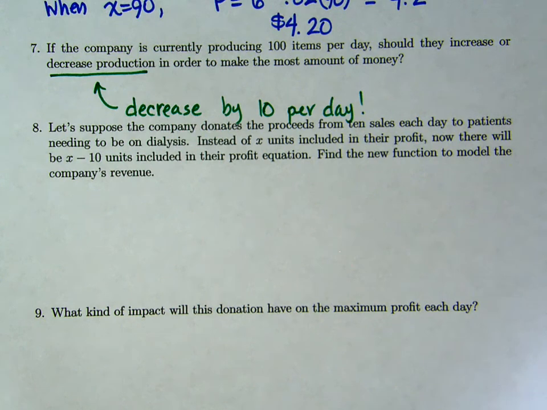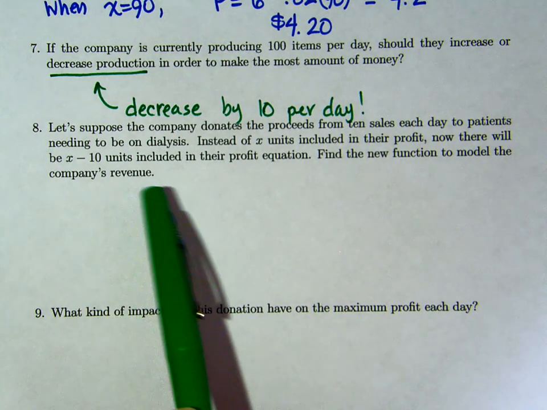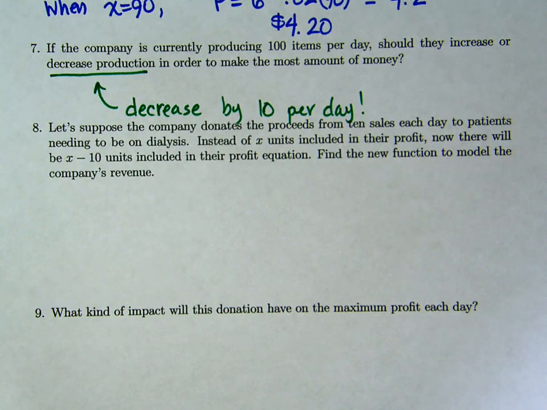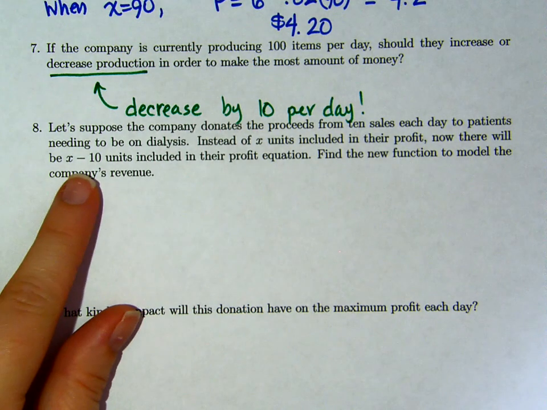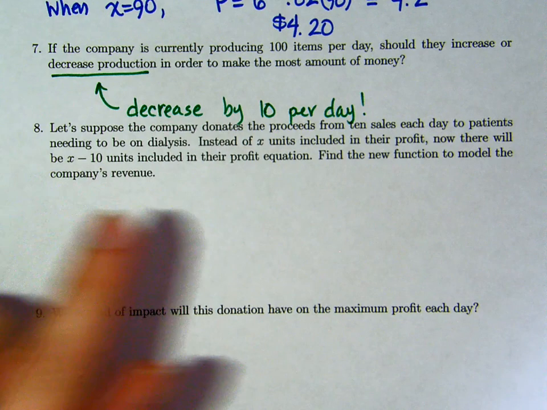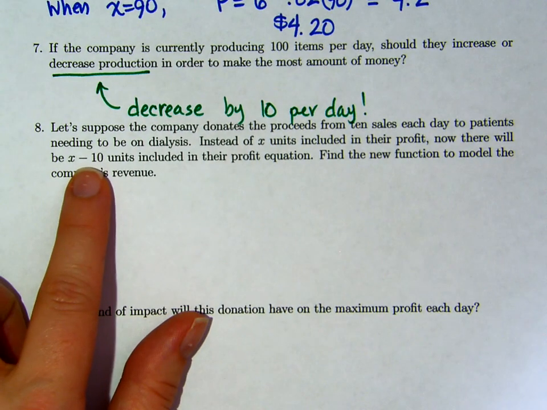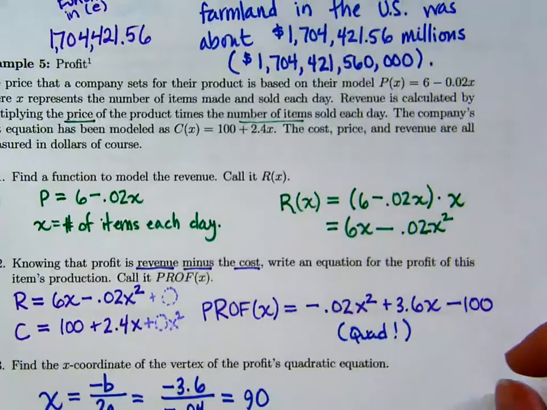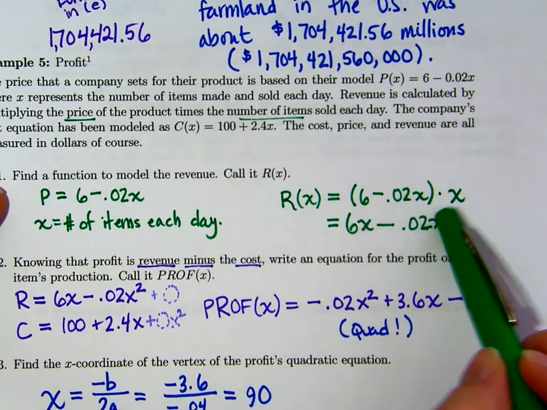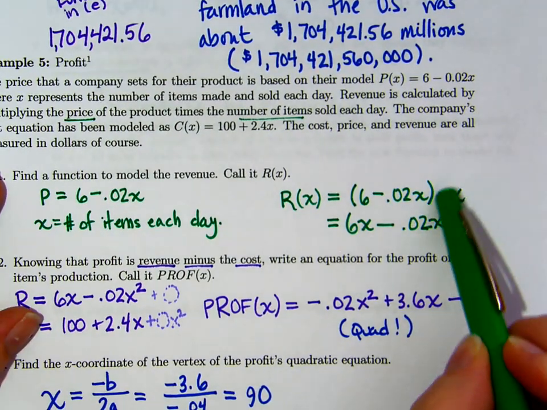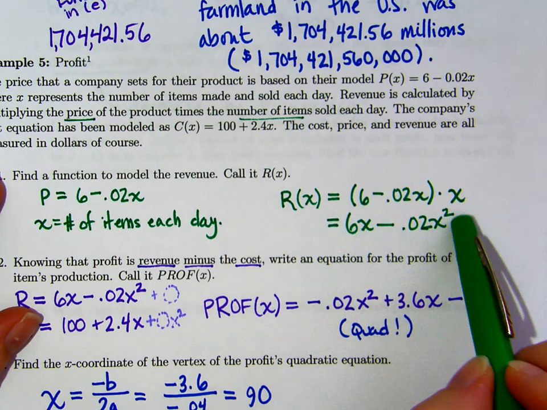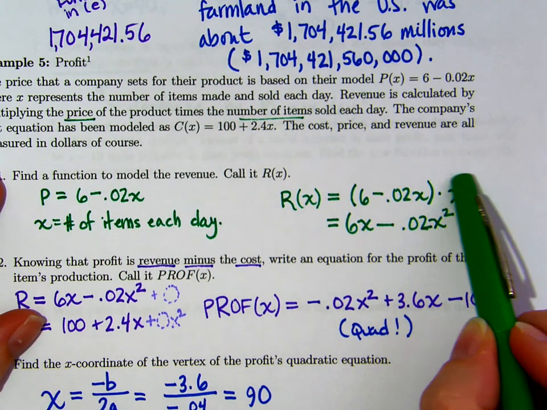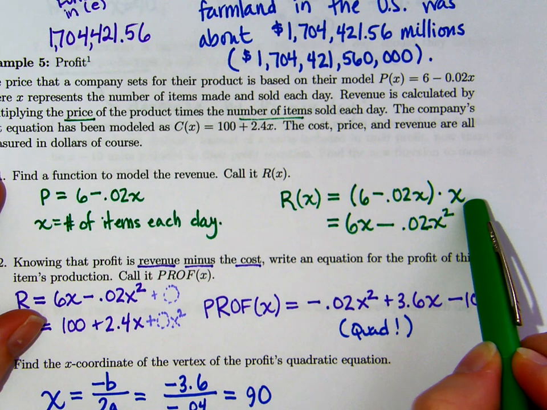Okay, let's see. Let's go back and see where we had an x, and now we need to replace it with x minus 10. Their revenue is not going to be this, because that's for x units sold.